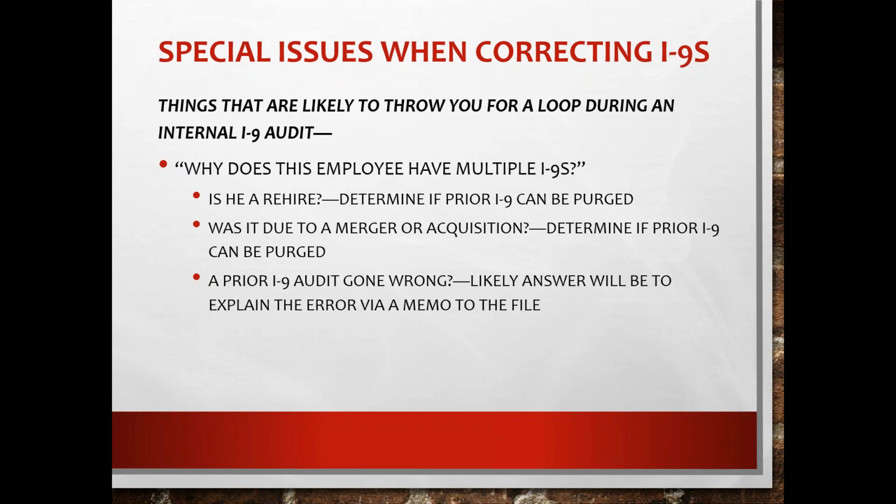Because the correction that you make today may not be understandable to the person looking at the I-9 5 years from now. You may not be available, or you may be available, but you forgot why you took that action. And of course, the person reviewing the I-9 at that point could be a federal officer, an ICE agent, and they're really going to want to know why there's more than one I-9 for a person. And that's usually not going to be correct. So there's the answer to that question.